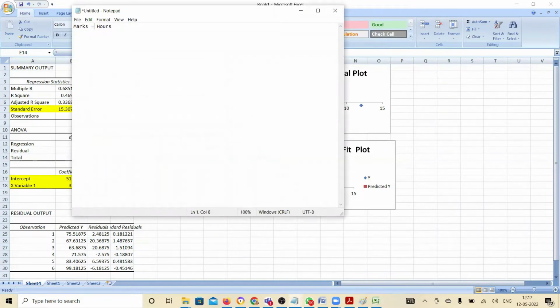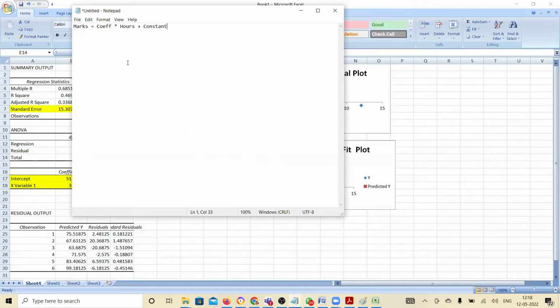We cannot say equal to. To make it equal, because hours is impacting marks, we have to multiply this with some coefficient, and then you add the constant value. This is how the equation will be formed.